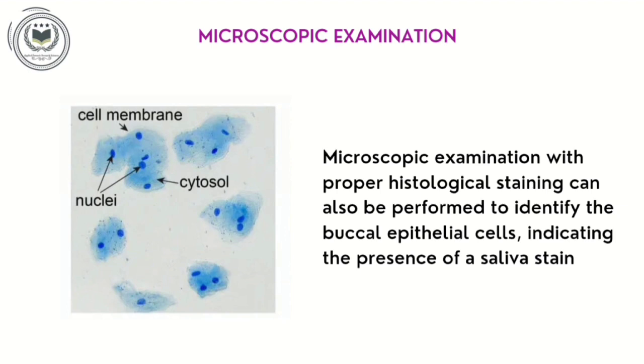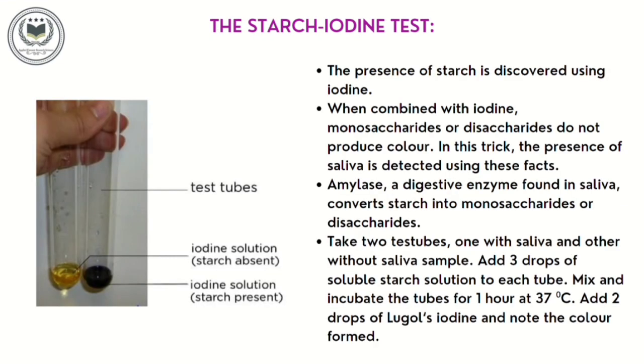The most commonly performed test for the identification of saliva is the starch iodine test, where the presence of starch is identified using iodine. This test can be performed in a test tube and in agarose gel. Let's see the test tube method. Take two test tubes, one with the saliva and the other without a saliva sample.